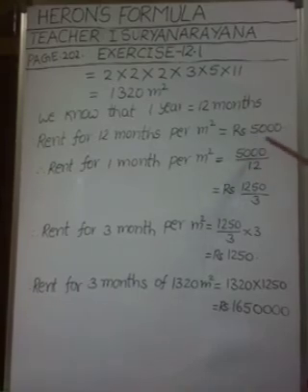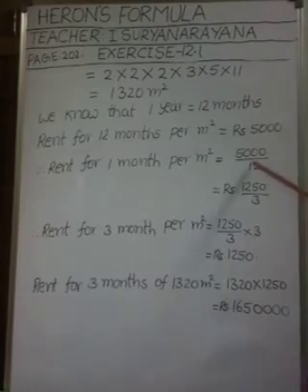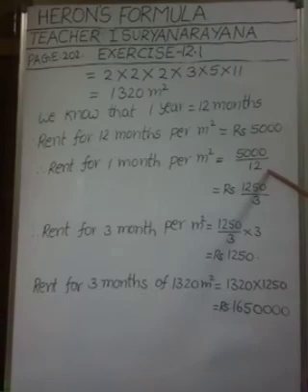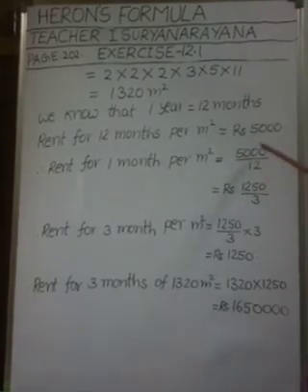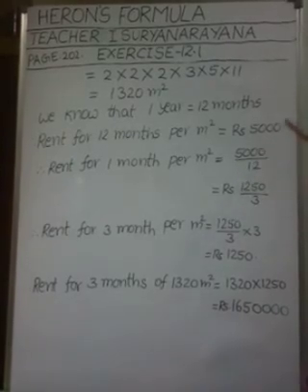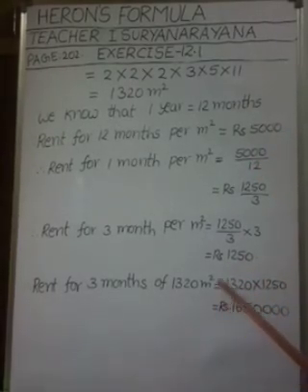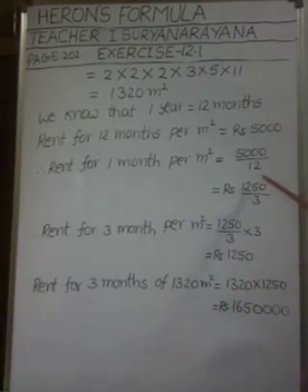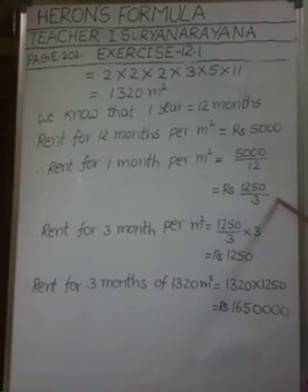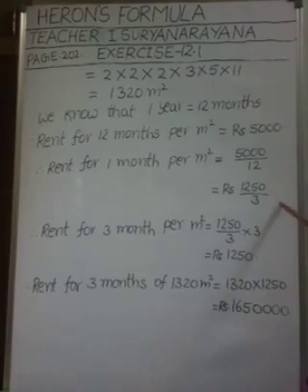By simplifying these numbers, what will you get? 4 times 1250 is 5,000 and 4 times 3 is 12. We are dividing the numerator and denominator by 4. We cancelled the numerator and denominator by 4. Then we get 1250 by 3. Understood this step, my children? Right. This is the rent for 1 month per meter square.